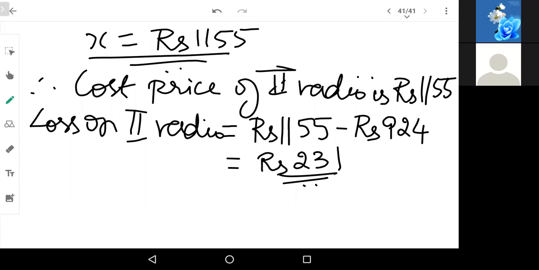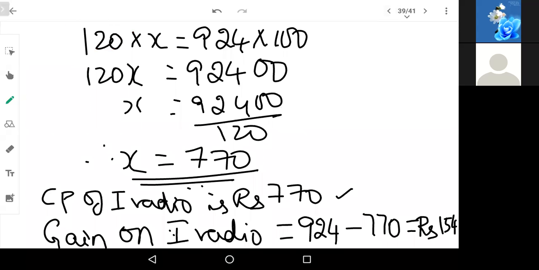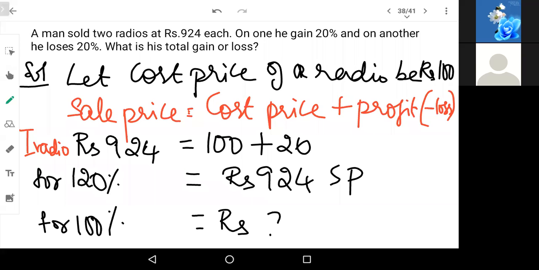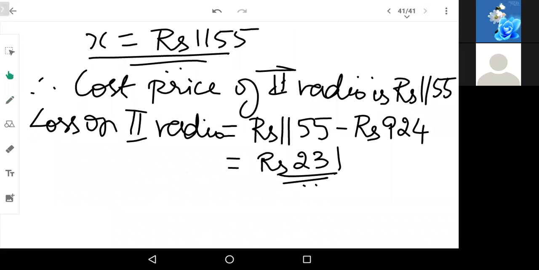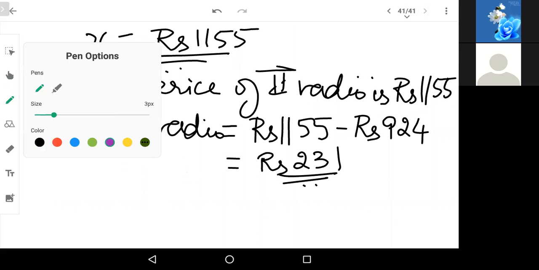Now, if you go back to the question and read it clearly, it says, what is his total gain or loss? After selling two radios, what is his total gain or loss? Now, let us calculate that.